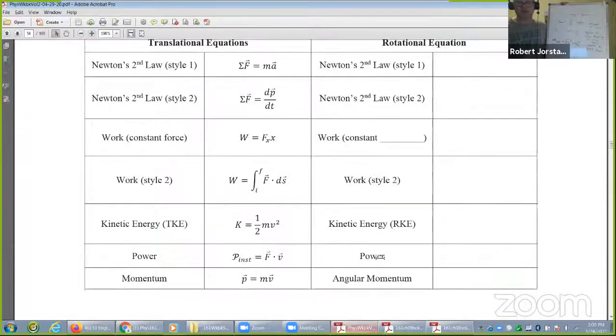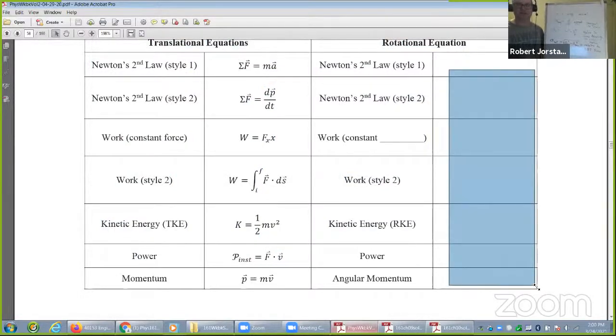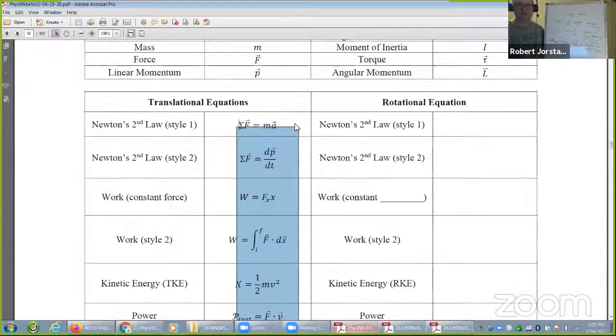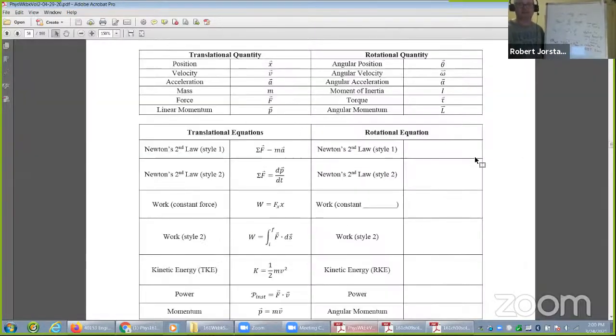Try to use that table. Let's take a second to do this. I want you to write the rotational equivalents. Basically, fill in this side by looking at these and using the symbols up above. Take a minute to do that, even though it seems stupid. It's getting used to these symbols.